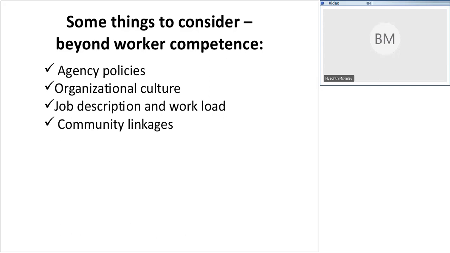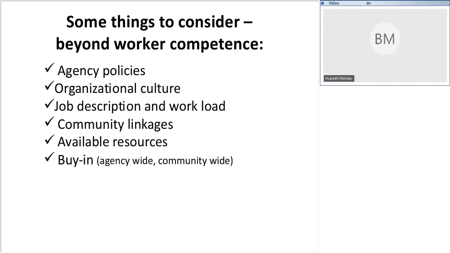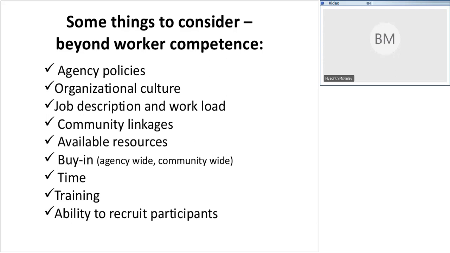We have to have linkages with community and resources. We have to have buy-in from the entire agency, and it doesn't hurt to have buy-in from the community as well. We have to have time to do this new approach. We have to have training. And then we have to have participants that want to do this integrated approach. I mean, one of the barriers that I hear all the time is that the customers really don't want more than one service. They come in, they just get the service that they want, and they go. They don't want more.